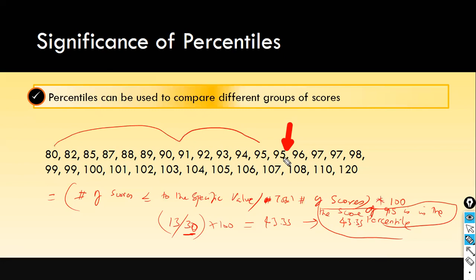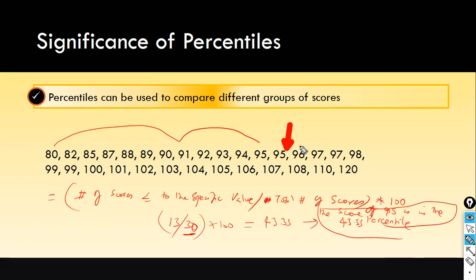Is there any other way we can interpret this? For example, if I ask you to find the percentage of students who scored more than 95, what do we need to do?